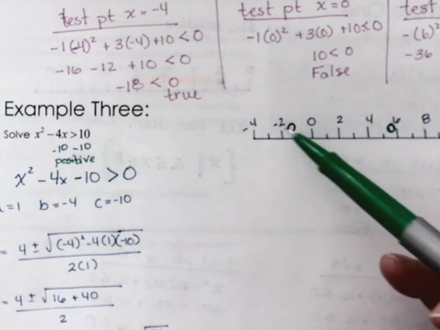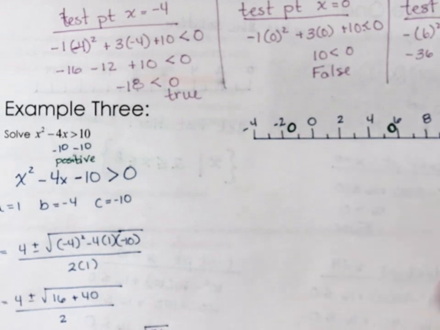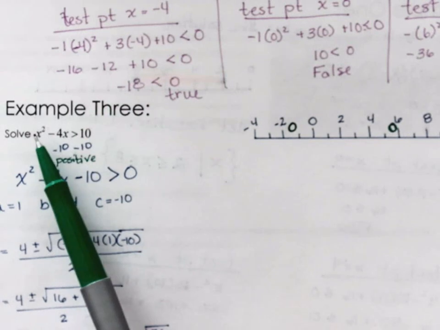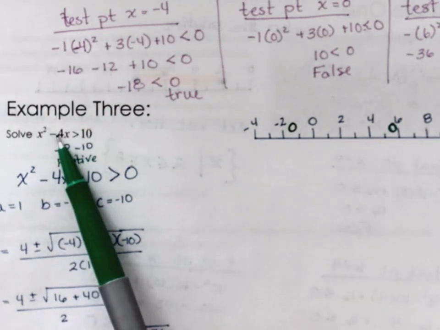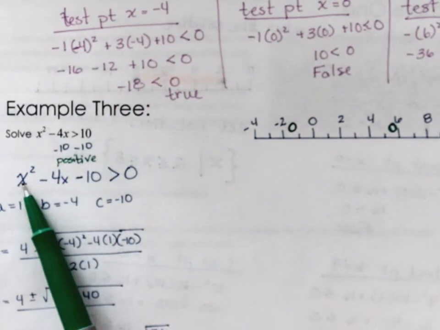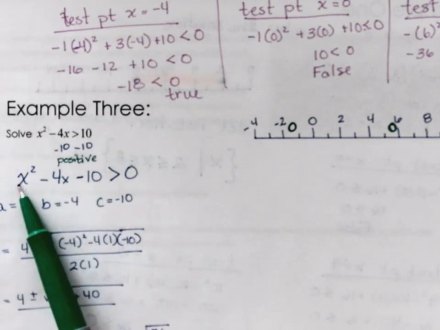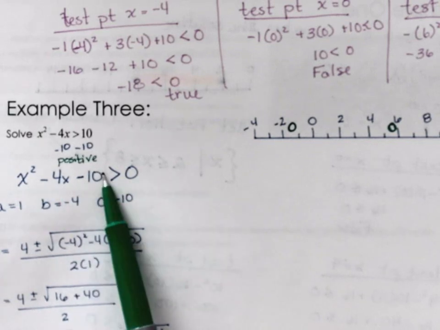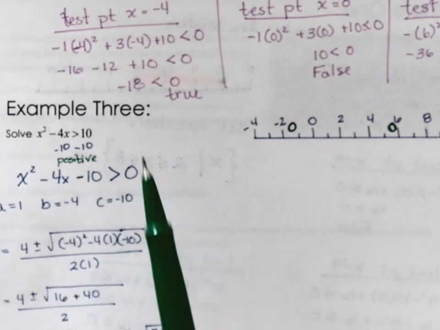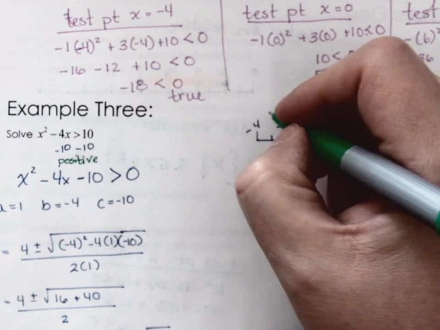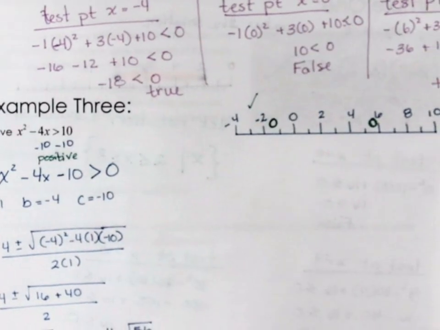So let's take -2 because that's less than that one. So -2, if I put -2 in here, I'm going to have 4 plus 8 minus 10. So 4 plus 8 is 12. 12 minus 10. Okay, it's positive, so I know that that works.